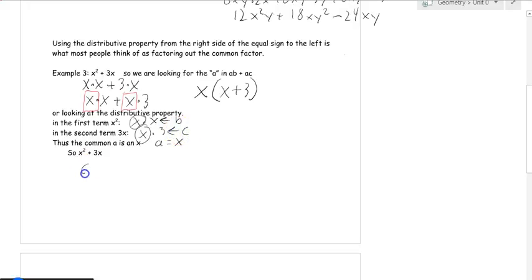And so when we're doing ab plus ac, we do have x times x plus x times 3. But we know ab plus ac is a times b plus c, which is x times x plus 3.